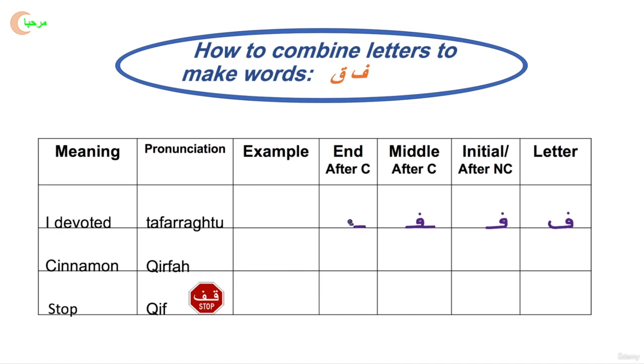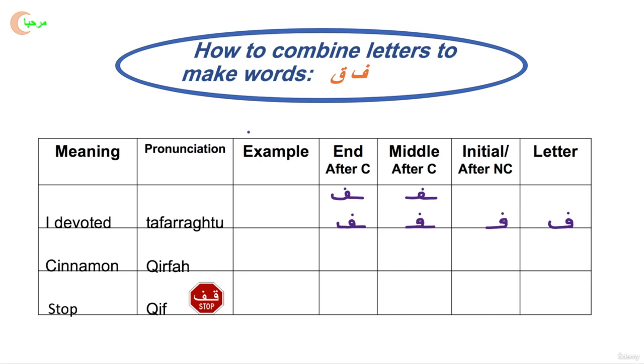Then we have the circle. And this time, what would happen? We close the door because the fa is at the end of the word. Some people may write the fa like this or also like that. So they just keep going and put the dot on. Same thing for the one at the end. So circle and keep going.